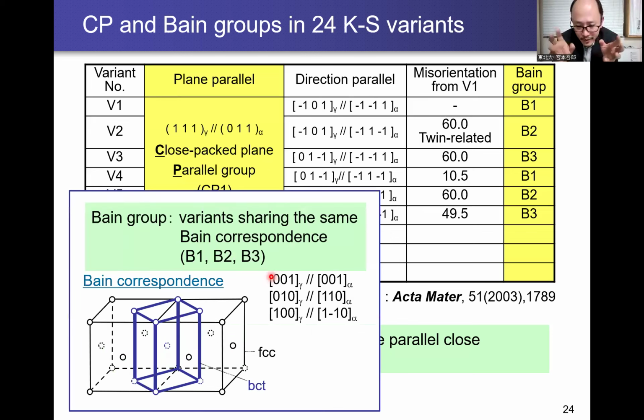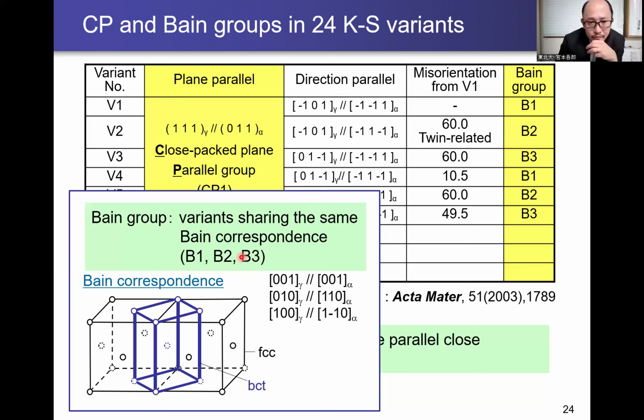And the other important variant grouping is the Bain group. As we know, the FCC structure can change to the BCC structure by compression along the [001] FCC direction and slightly expanding in the perpendicular directions. And there are three <001> directions in austenite, so there are three Bain variants. The important feature of the Bain group is that it is strongly related to the misorientation.